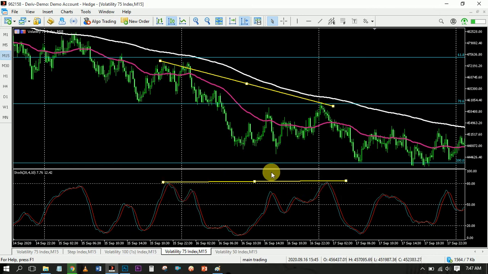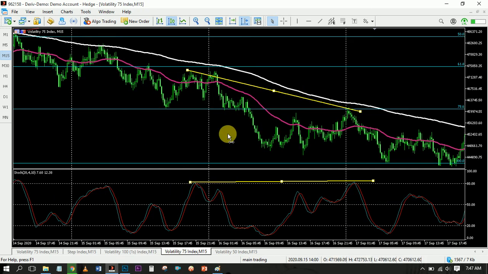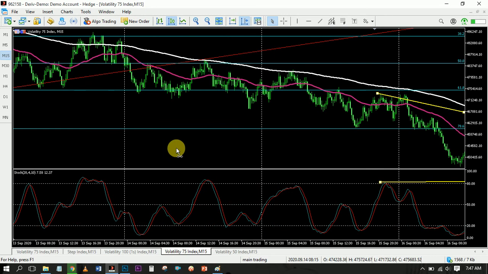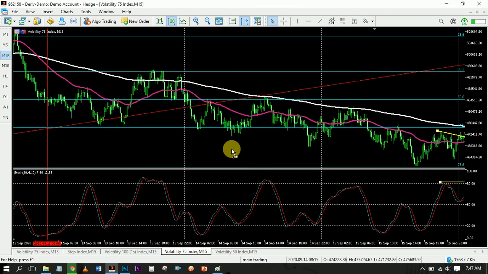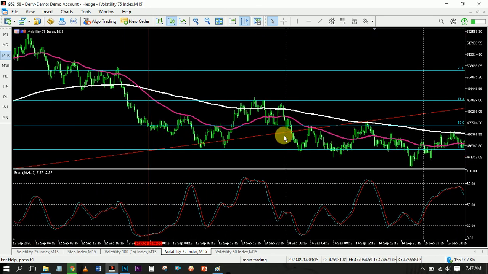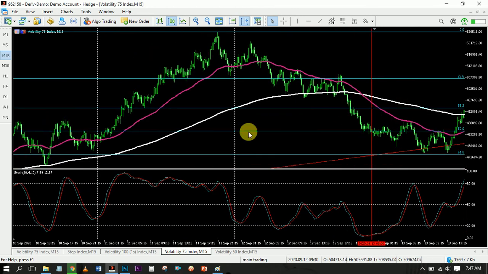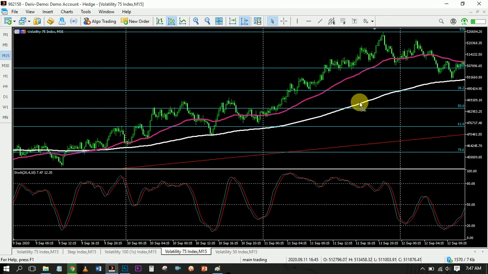You don't take it, you let it go. So in a situation whereby they are on the same level here or on the same level here, you don't take it, you forget about it. So basically, this is how you can actually use hidden divergence to be profitable and milk the market.